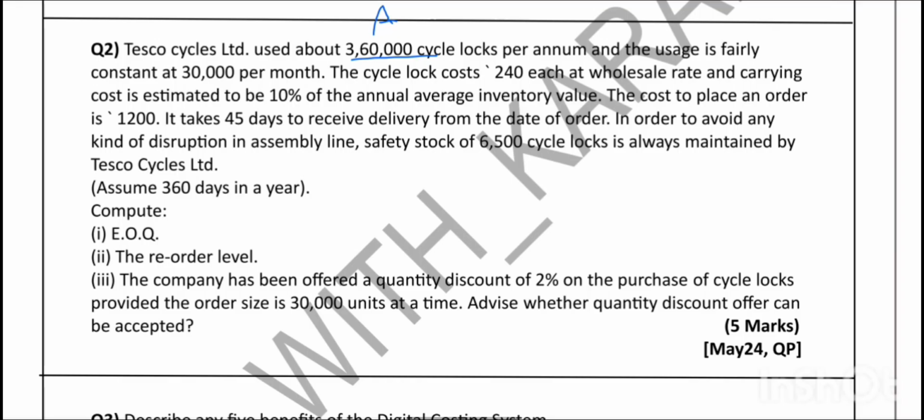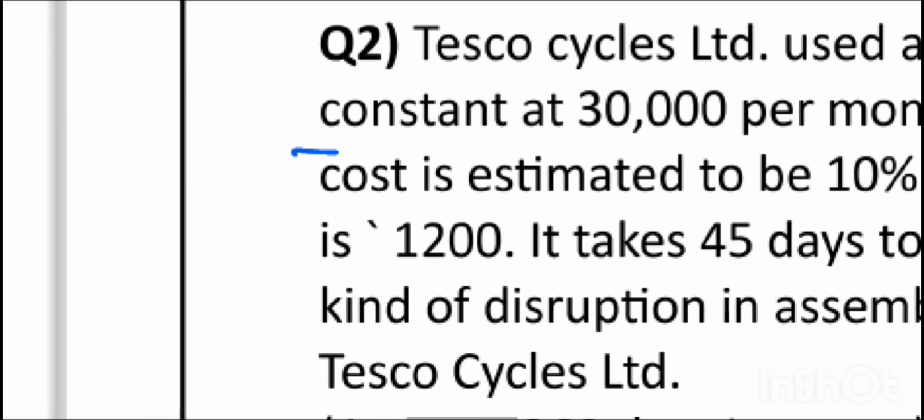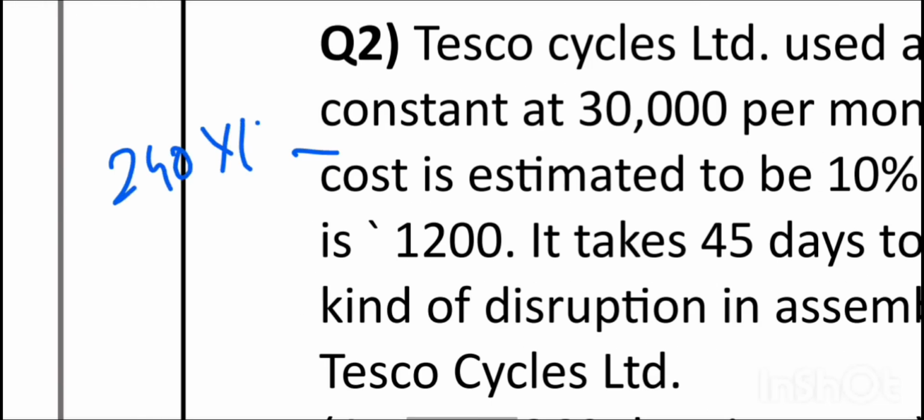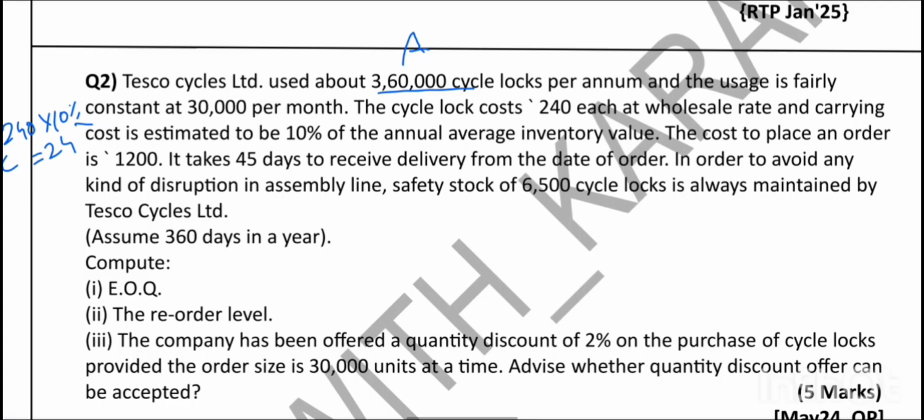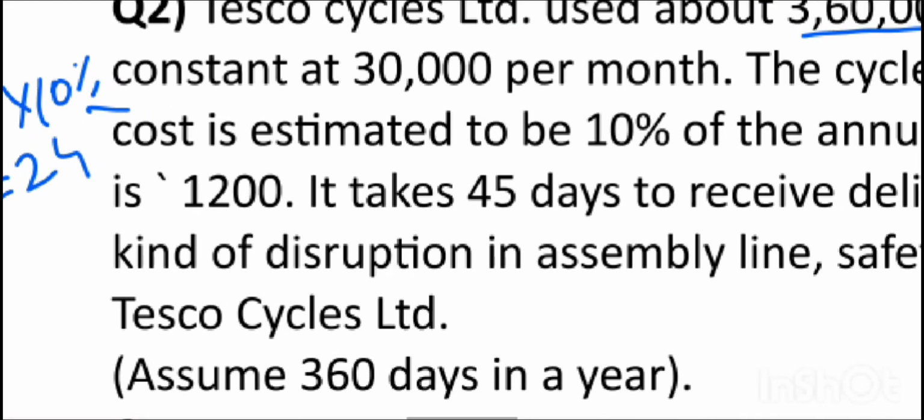So the carrying cost per unit per annum is 240 into 10%, so it is 24. Okay, and then the cost to place an order is 1,200, so it is ordering cost.